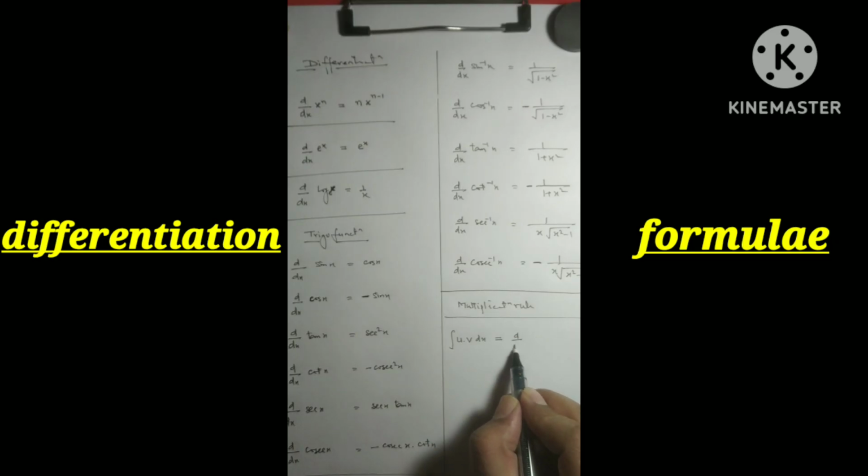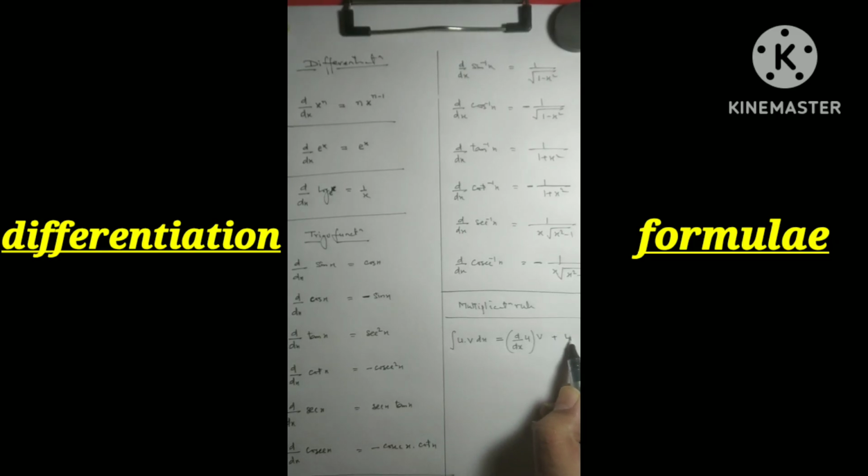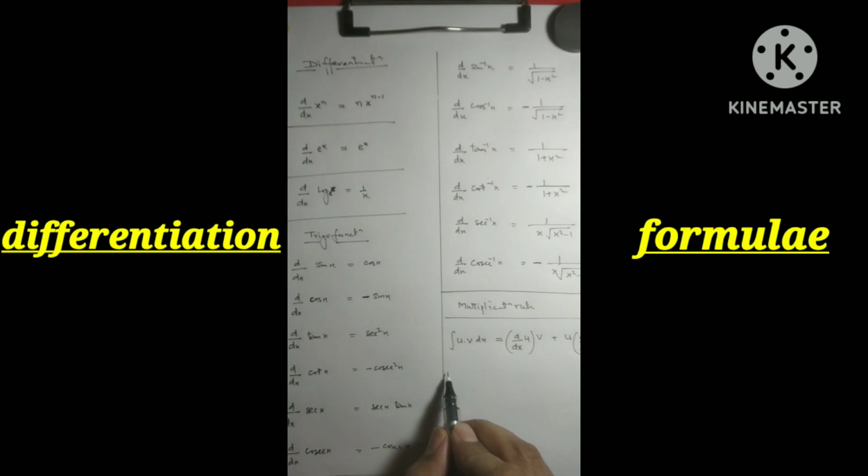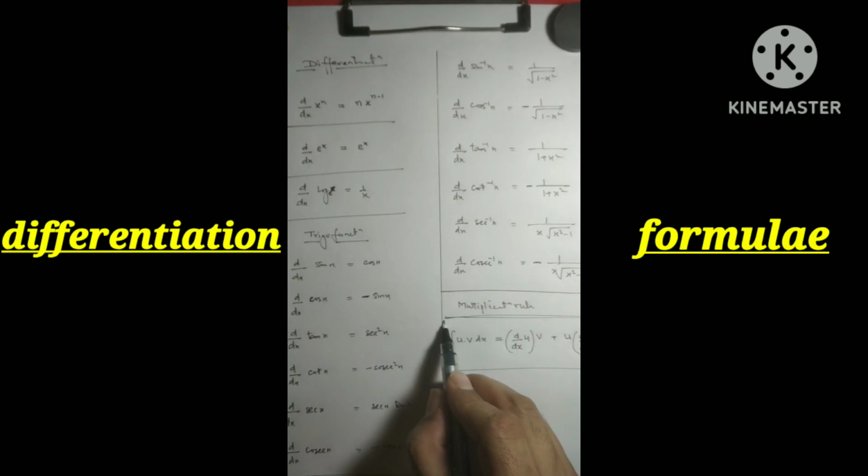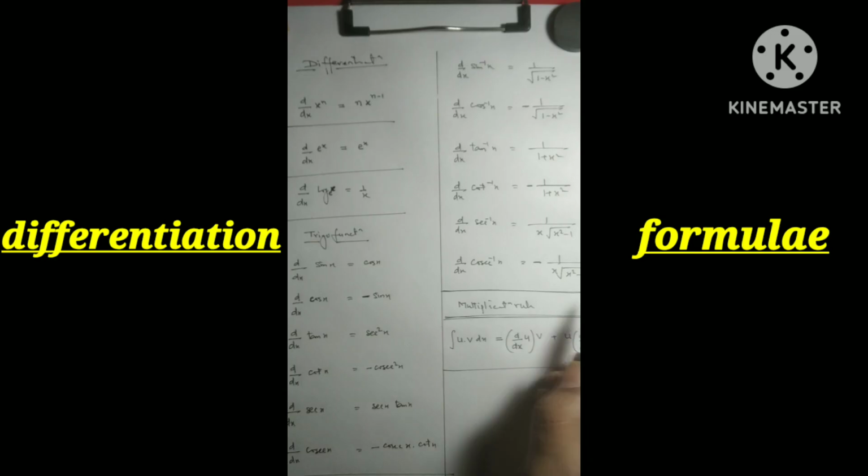First you differentiate first function, means u, and second as it is, plus now the first as it is and second function's derivative, right? So this is multiplication rule or product rule, right?